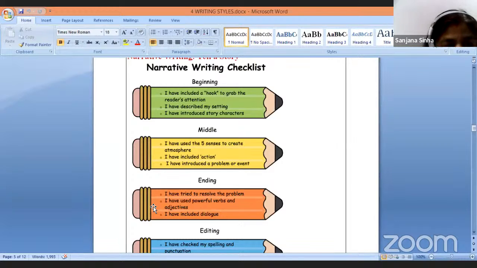So the third part, the ending part: resolve the problem, using powerful and positive words to create an image, and dialogue. Now, why is dialogue very important? Because it brings everything to life.